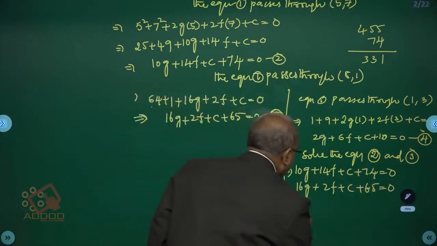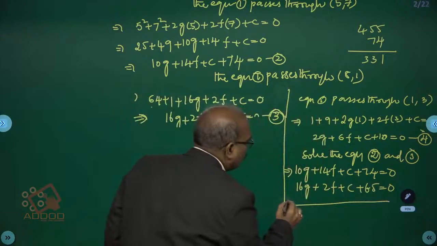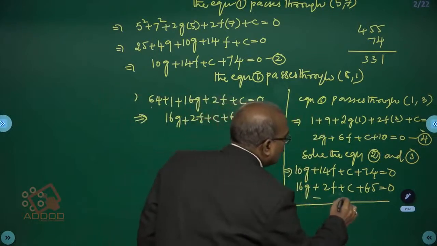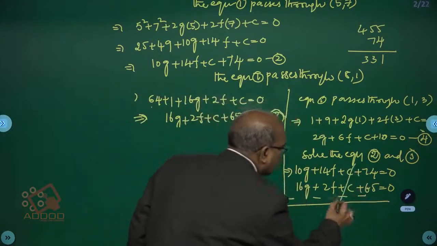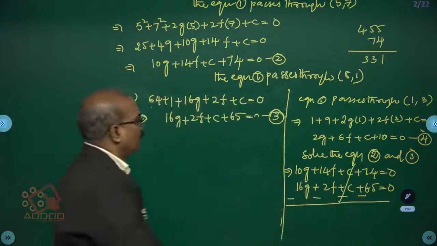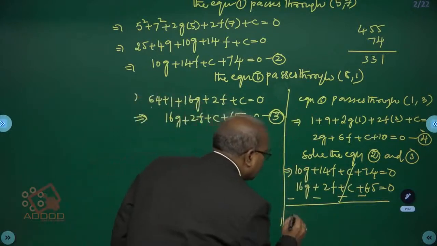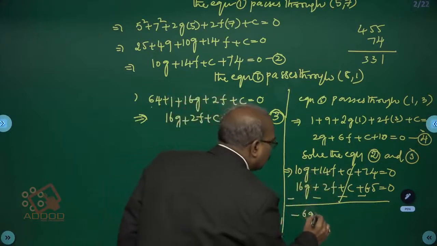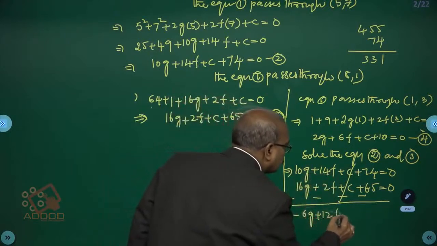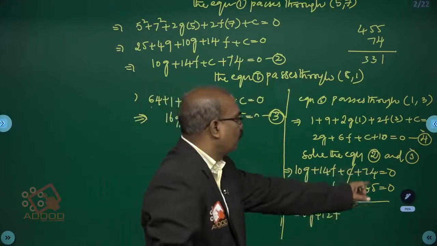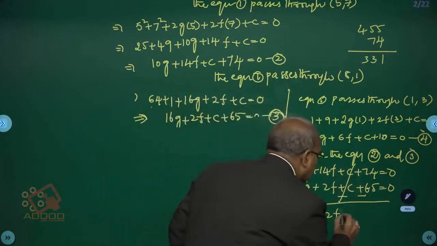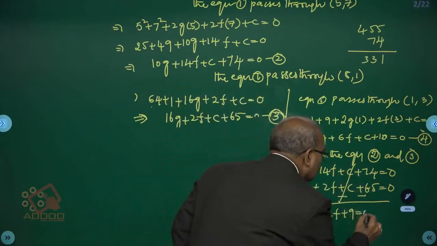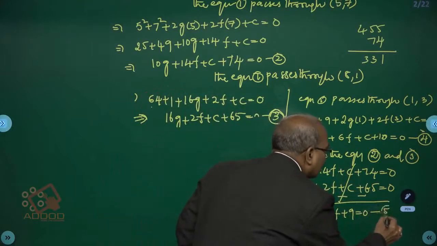Now we can cancel the c, so minus, minus, minus, minus. So we can cancel the c values. So 10g minus 16g is minus 6g, plus 14f minus 2f is plus 12f, and 74 minus 65 is plus 9, is equal to 0. So that is equation 5.